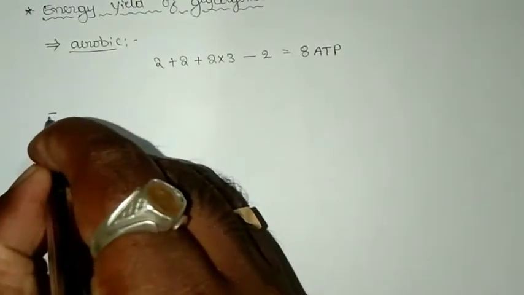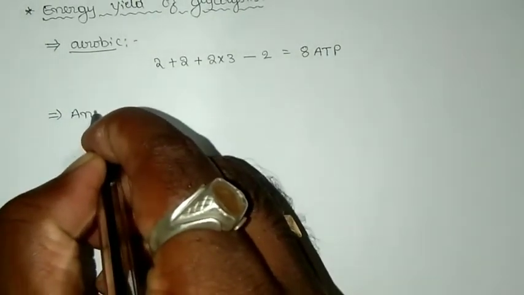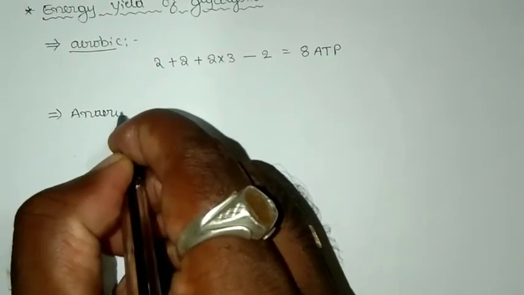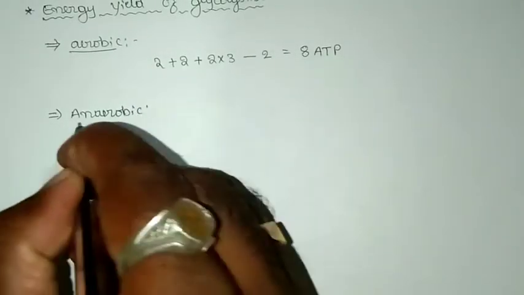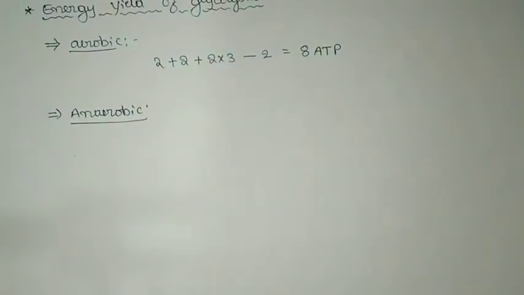And if you come to the case of anaerobic glycolysis, the reaction will continue from pyruvate onwards so as to produce lactate.